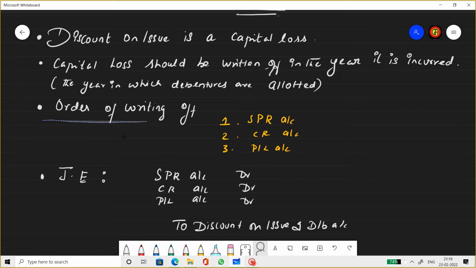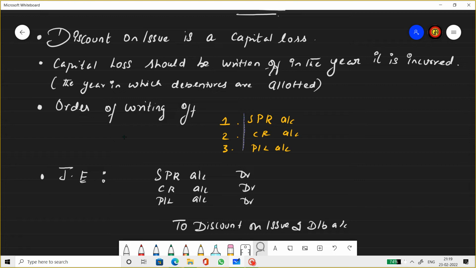Now what is the order of writing it off? Can we take any account and write off this loss? No. There is a strict order of writing it off. Any discount on issue of debentures should be written off first from the SPR account, and if there is not enough fund in the SPR, then utilize capital reserve, and if that is also not enough, use profit and loss account.